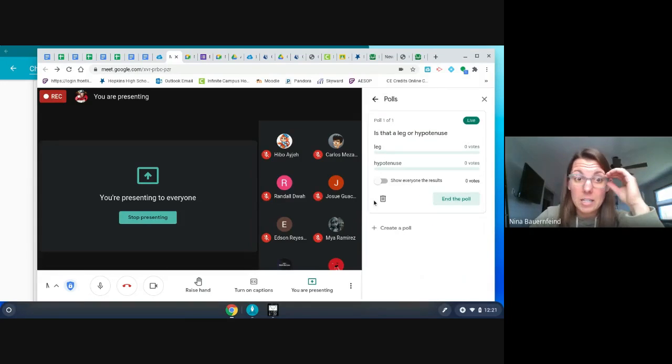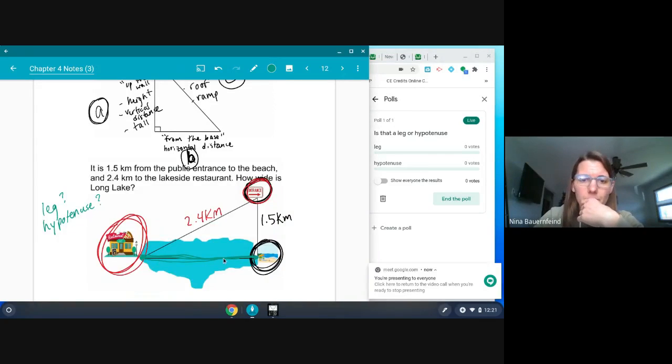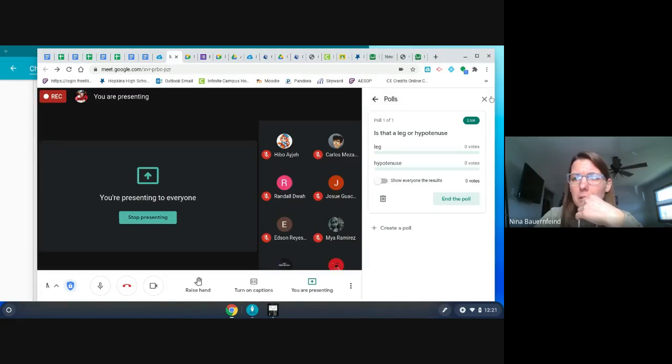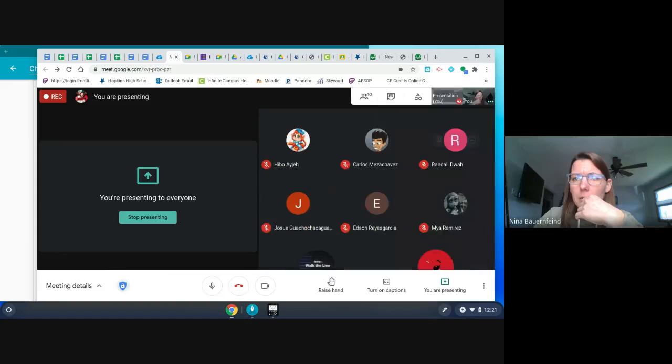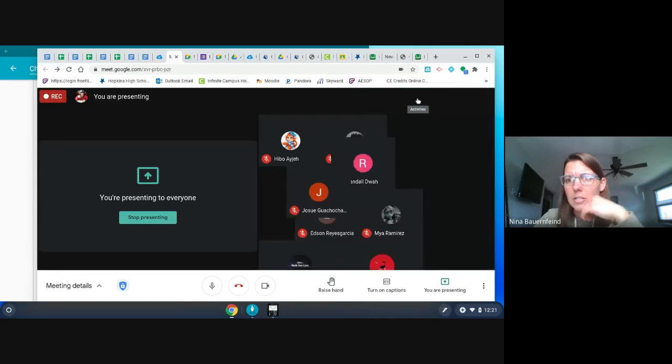So you guys answer this poll question. Is this that we're looking for right here, is this a leg or hypotenuse? So if you look on your computer, there should be a little shape that shows up here in the corner. You should click this. There should be a little number. Click on that and answer the question, okay?